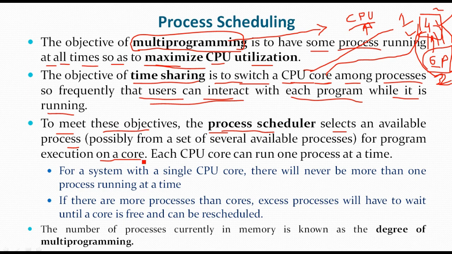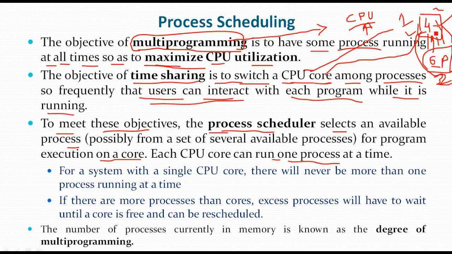Each CPU core can run one process. As in the example of 4 cores and 6 processes, 4 processes can run at a time, right? If any process completes its execution, it can leave the core, and the waiting process can get that core.